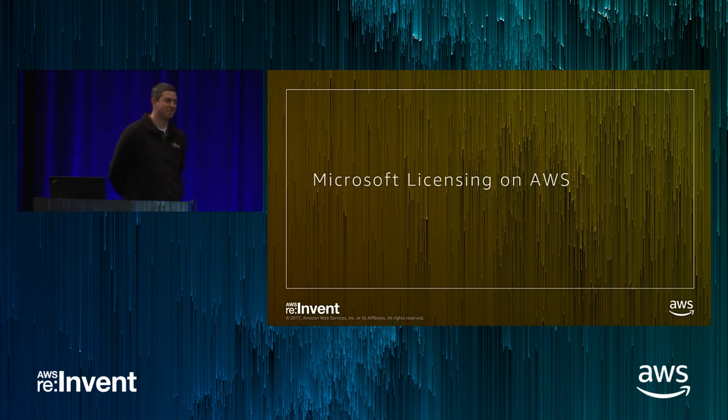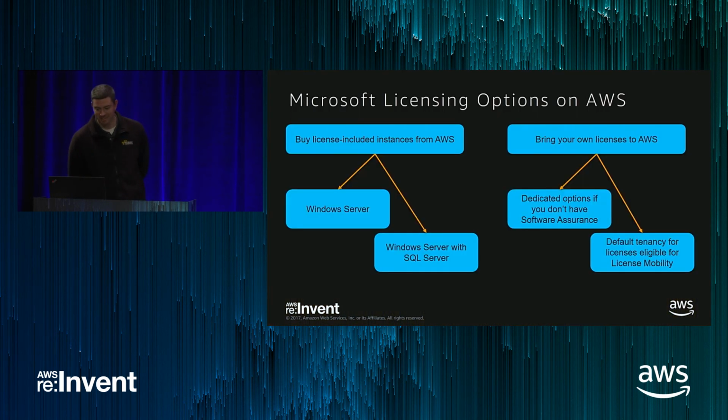Now for the fun stuff. Microsoft licensing. I say it a bit in jest. There are a couple different options for Microsoft licensing in AWS. We provide AMIs. Those AMIs include Windows licenses. So when you're paying 10 cents an hour for an EC2 instance of a particular type, that includes not only the compute baseline capability, but the Windows license as well.